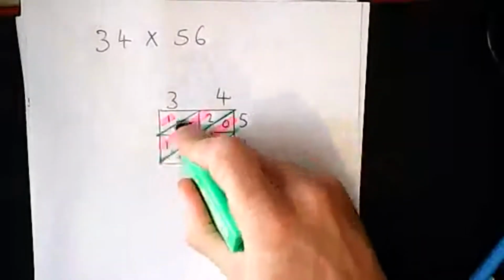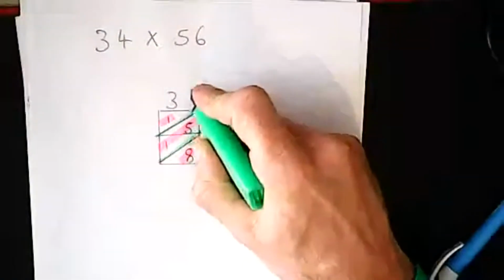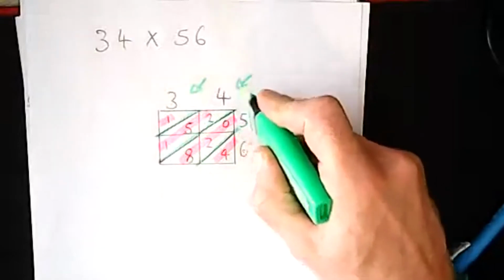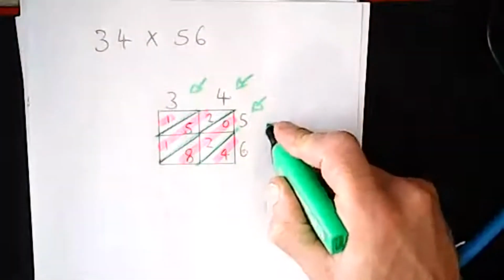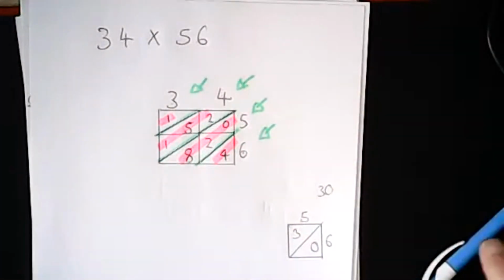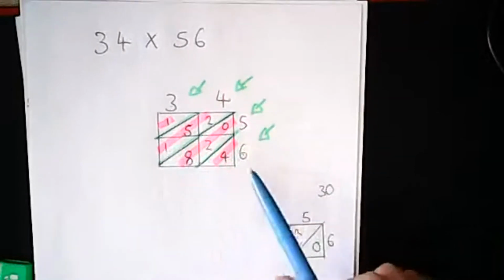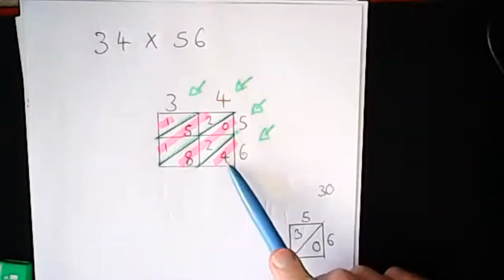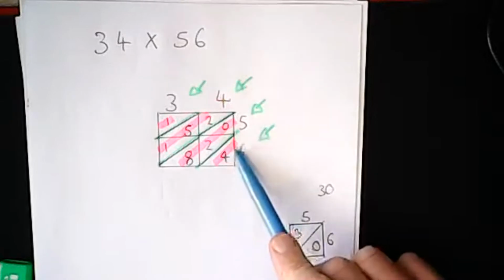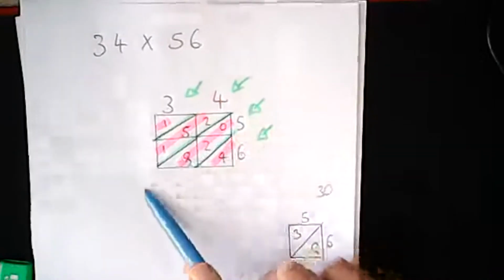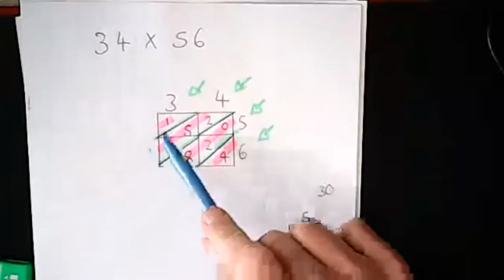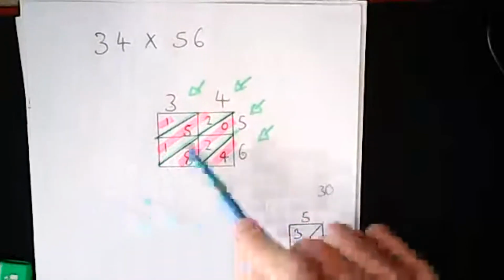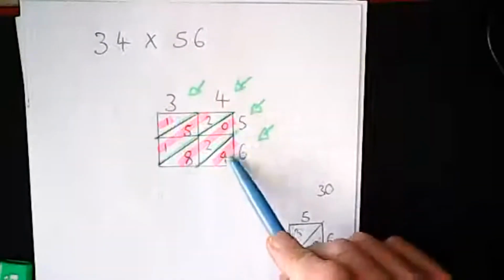We're going to add up in diagonals, and we're going to go that way. The Napier's bone system has already sorted out which bits are units. So all of these are units, all of these are tens, all of these are hundreds, and that's your thousands.